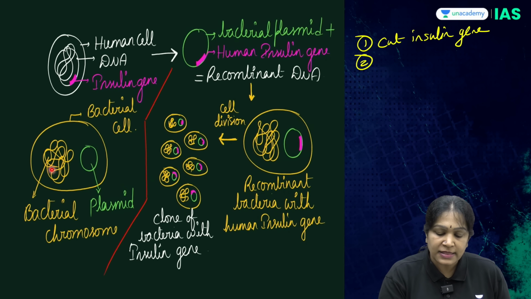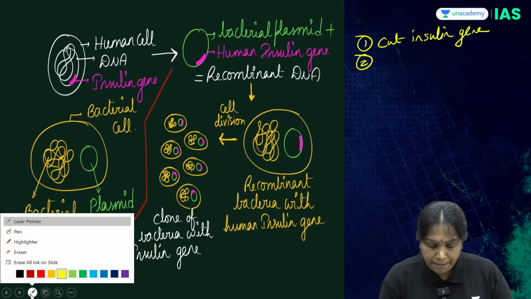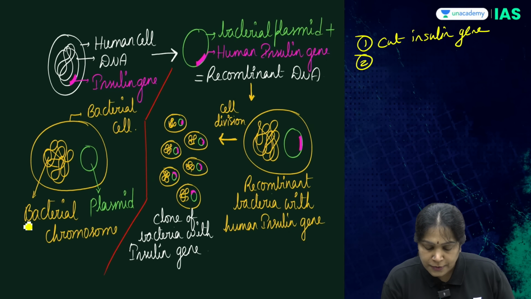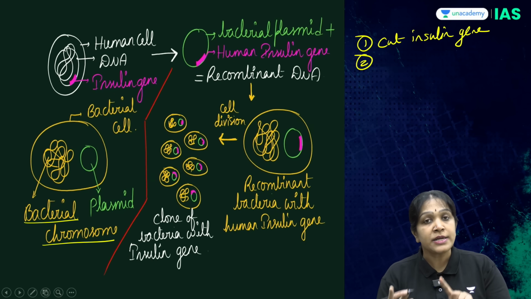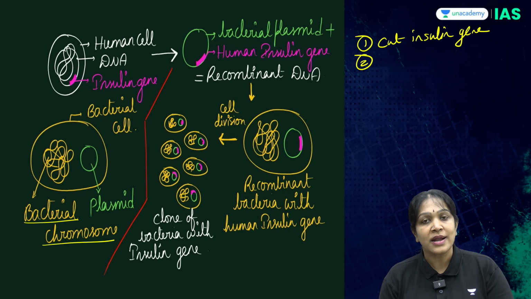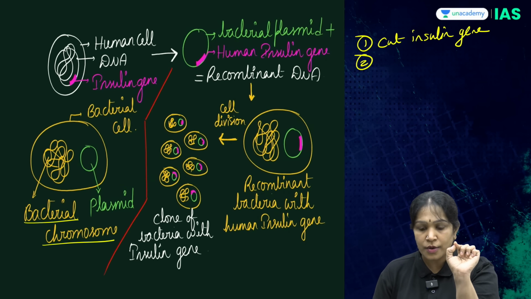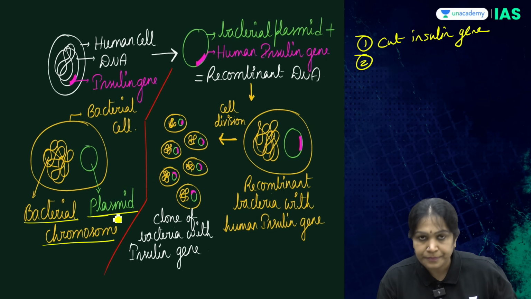In that, there is a thread-like structure. This is nothing but the bacterial chromosome. In addition to the bacterial chromosome, the bacteria also contain another small piece of DNA called a plasmid.